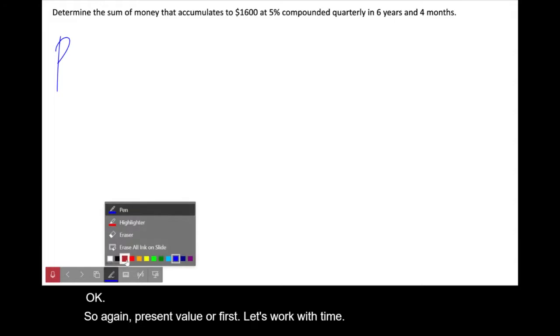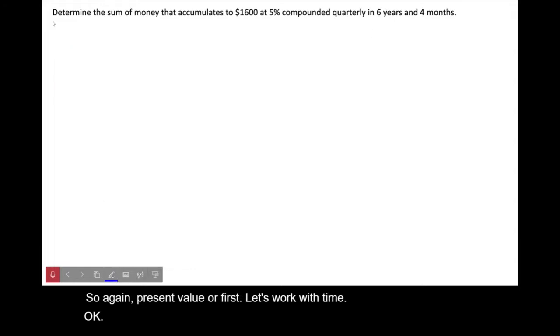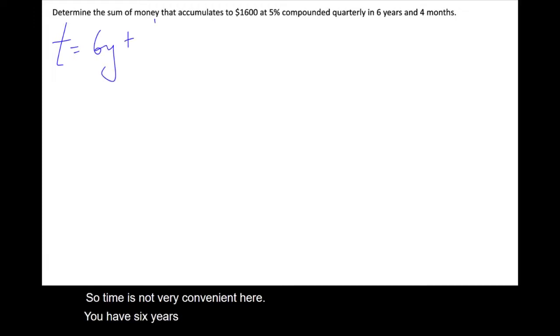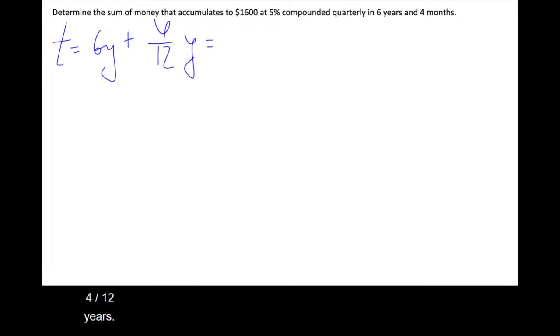So again, present value. First, let's work with time. Time is not very convenient here. We have 6 years plus 4 over 12 years. So what is that? 6.3 in period years.